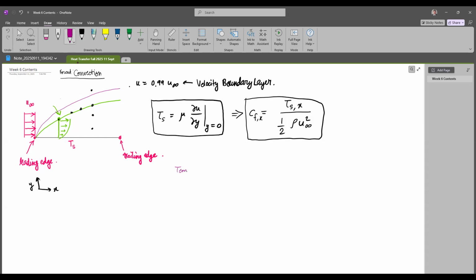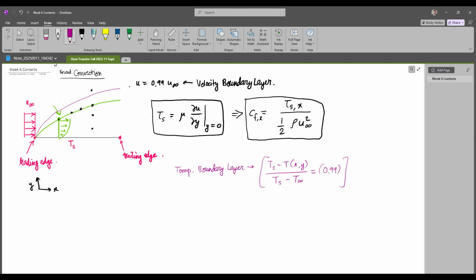The temperature boundary layer is defined as Ts minus T at any point x comma y over Ts minus T infinity, very similar to the velocity case, equal to 0.99. And there is a delta T over here. So this is how the temperature boundary layer is defined.